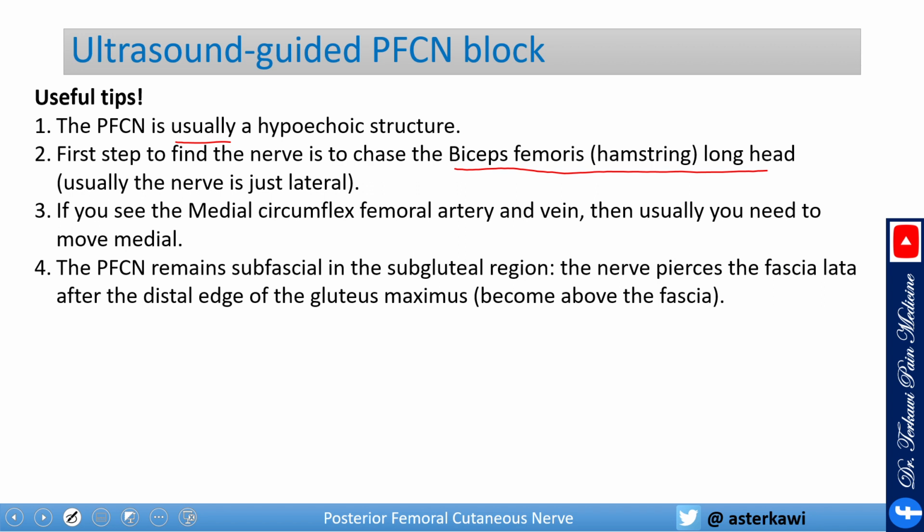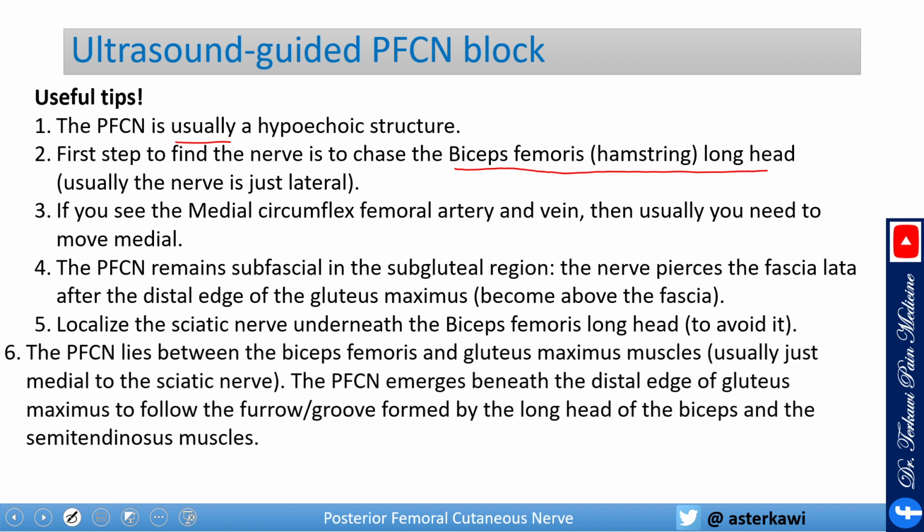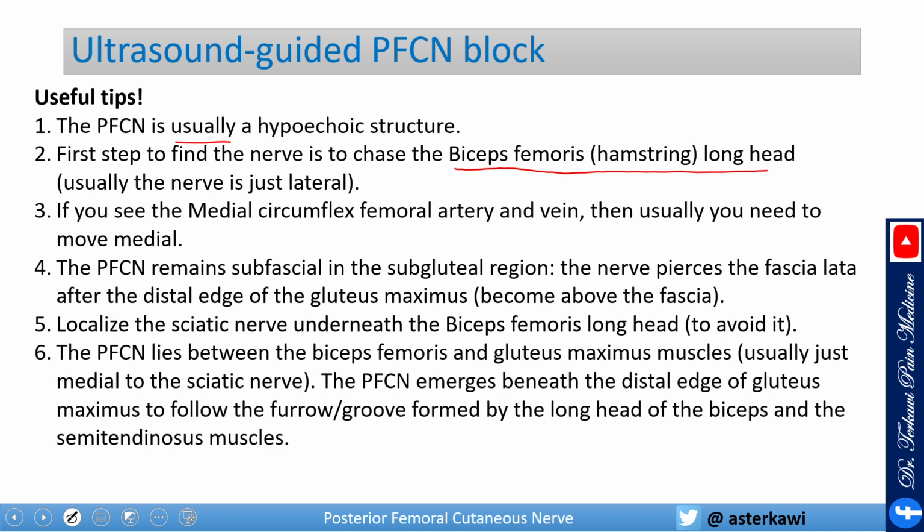It's below the fascia lata, and usually it pierces and goes above the fascia lata as it passes the gluteal area. And then locate the sciatic nerve always. It is usually underneath the biceps femoris, because you want to avoid that. The nerve lies between the biceps femoris and the gluteus maximus muscle, usually just medial to the sciatic nerve.